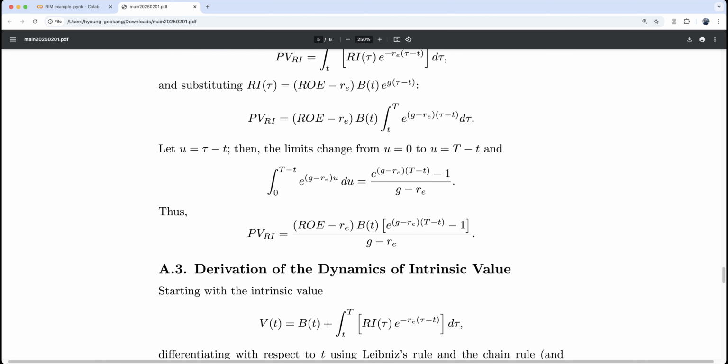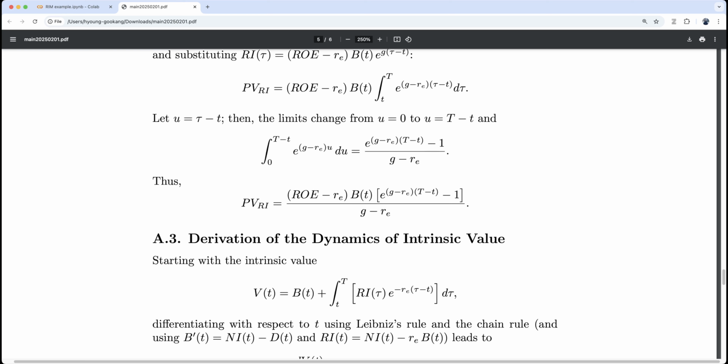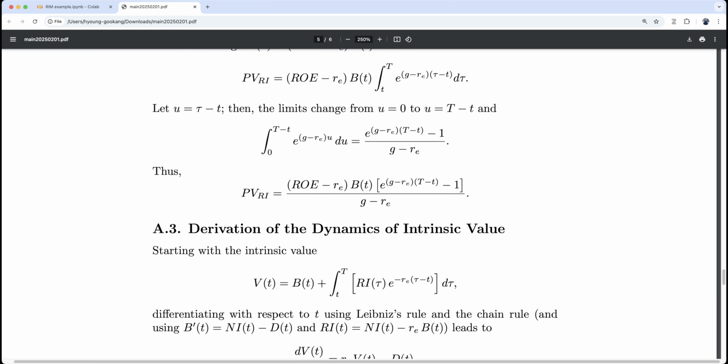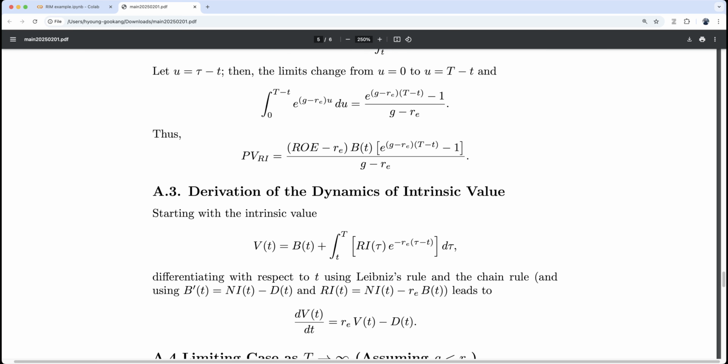Now, the dynamics of the intrinsic value. Starting with the intrinsic value definition, V_t is B_t plus the integral from t to big T of RI tau e to the minus r_e (tau minus t).